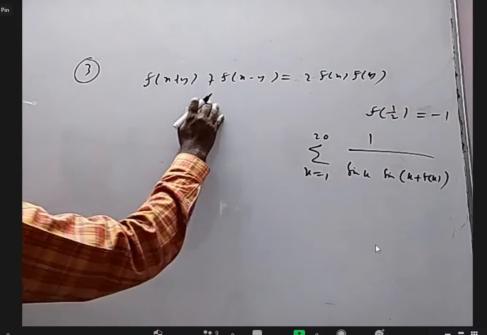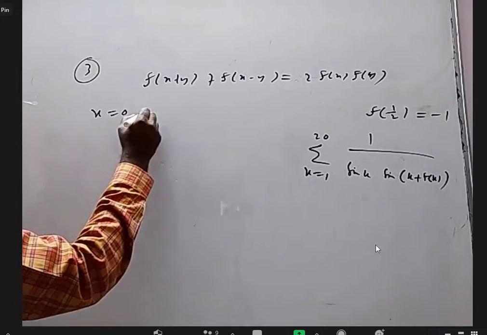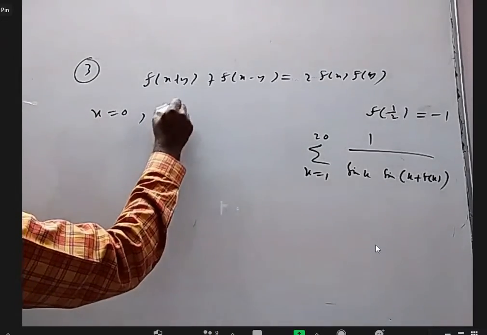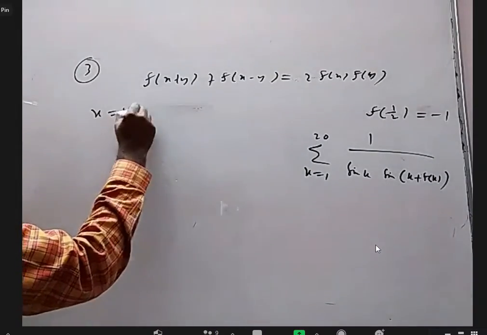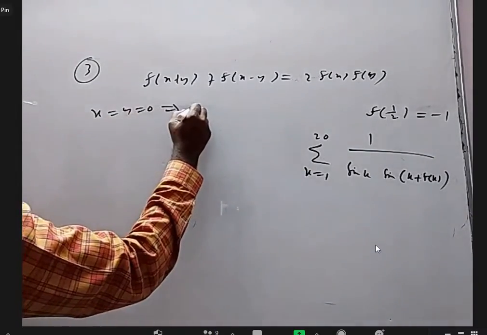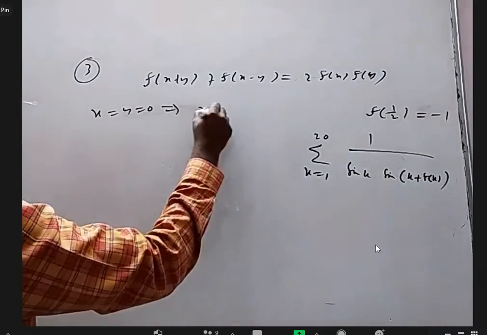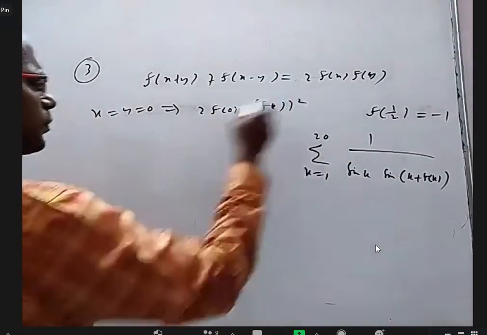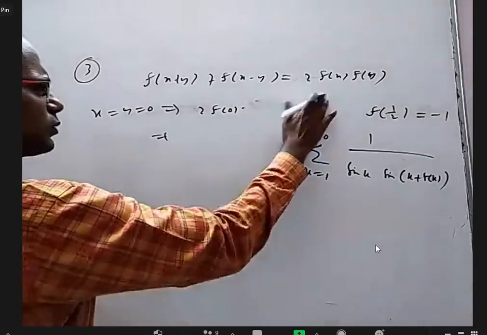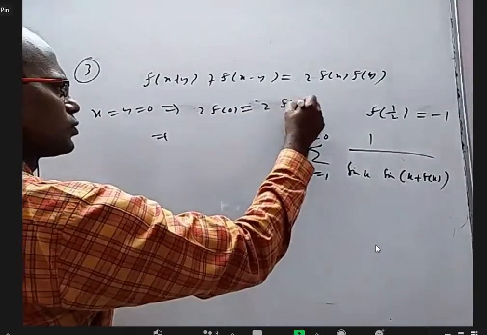Okay, coming to this, if I put only x equal to 0, what will happen? Let us put x equal to y equal to 0. Then I'll get f of 0 plus f of 0, 2f of 0 equal to 2 f of 0 whole square.